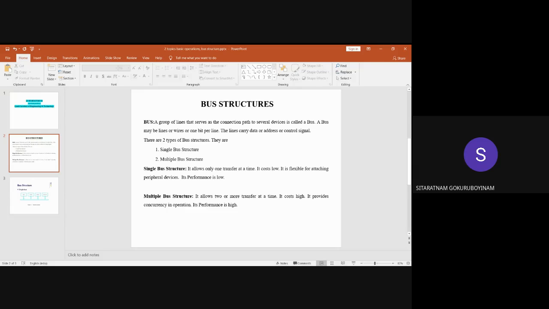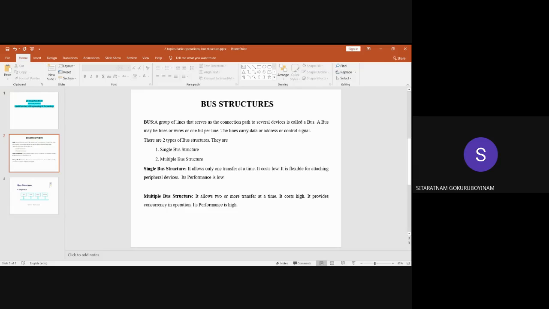When a word of data is transferred between units, all its bits are transferred in parallel, that is, simultaneously over many wires or lines, one bit per line. A group of lines that serves as a connecting path for several devices is called a bus.